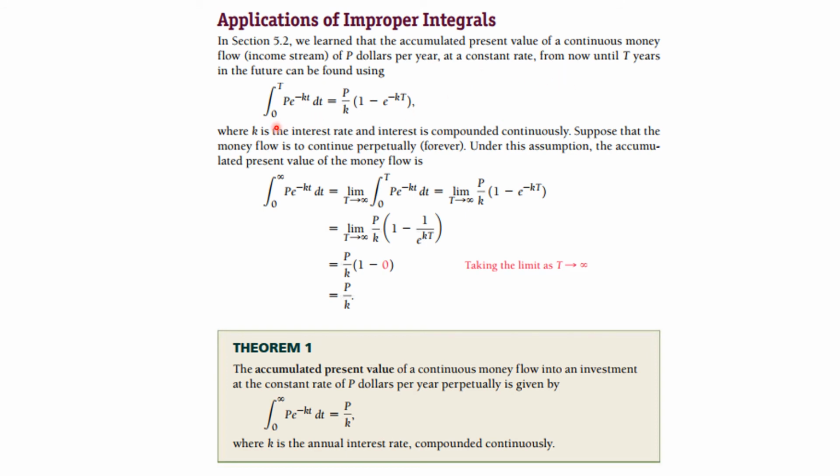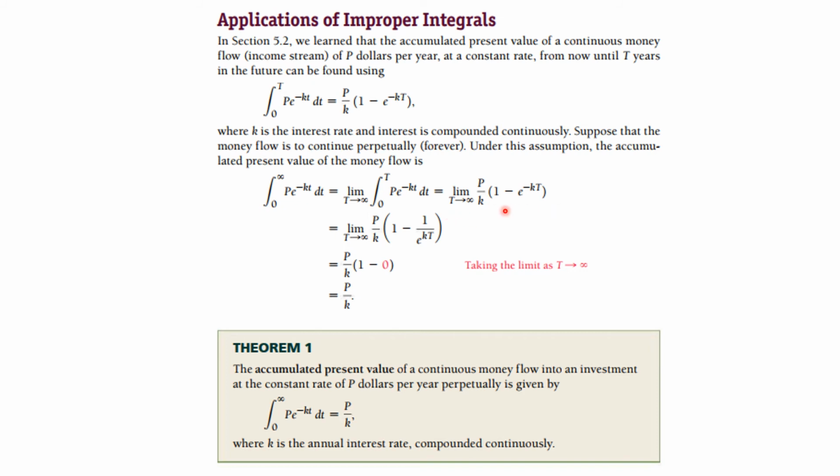We take the integral from 0 to capital T, and then we had this expression, and we actually computed that to be this, where k is the interest rate and interest is compounded continuously. Now suppose the money flow is to continue perpetually, and that means forever. Under this assumption, the accumulated present value of the money flow then is the integral from 0 to infinity. And that's going to be this by definition.